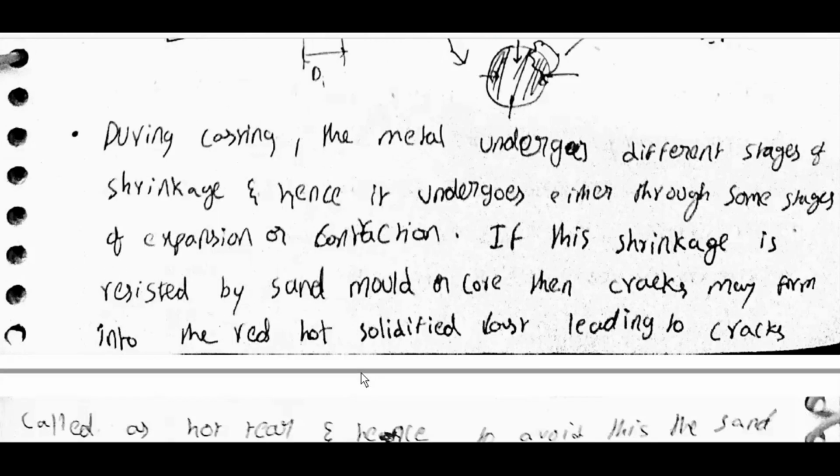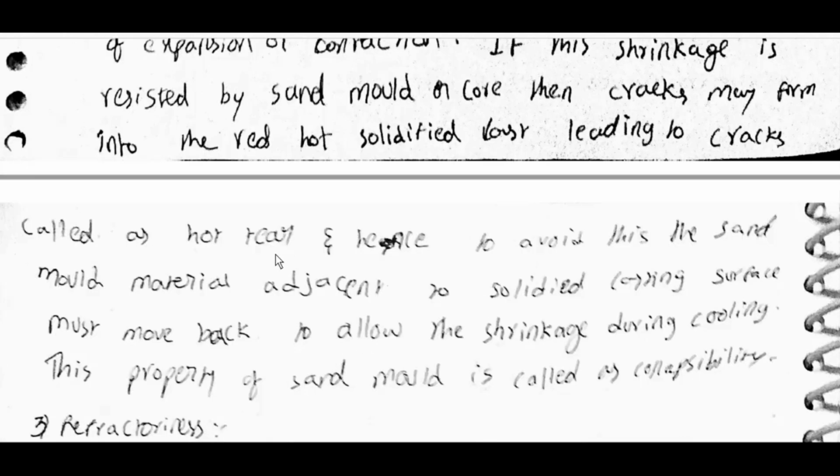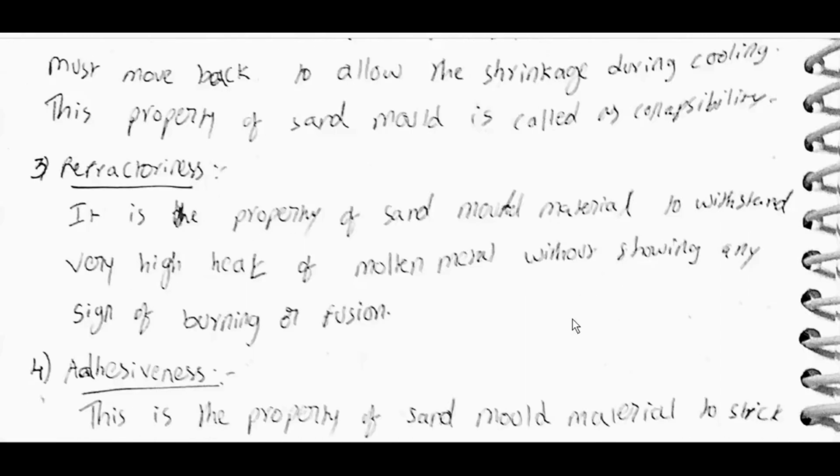If this shrinkage is resisted by the sand mold or core, then cracks may form in the red hot solidified cast, called hot tear, and hence to avoid this, the sand mold material adjacent to the solidified casting surface must move back to allow shrinkage during cooling. This property of sand mold is called collapsibility.